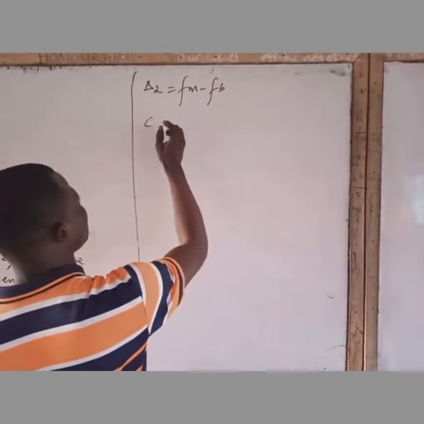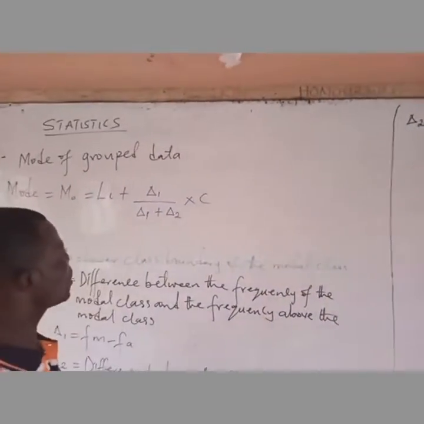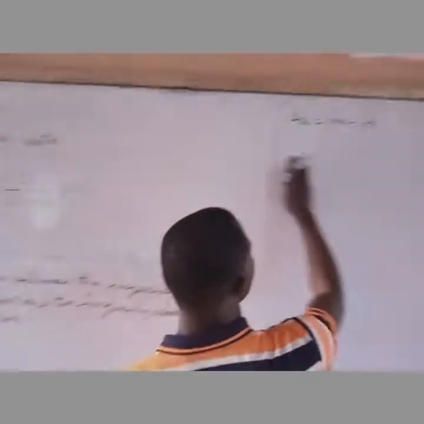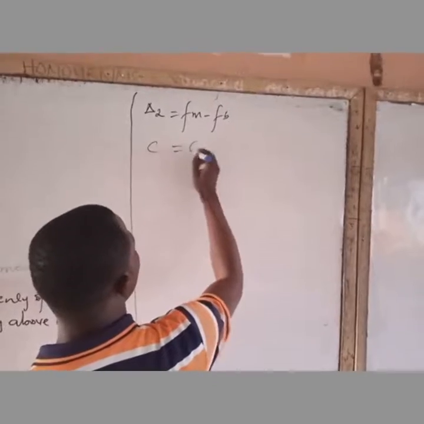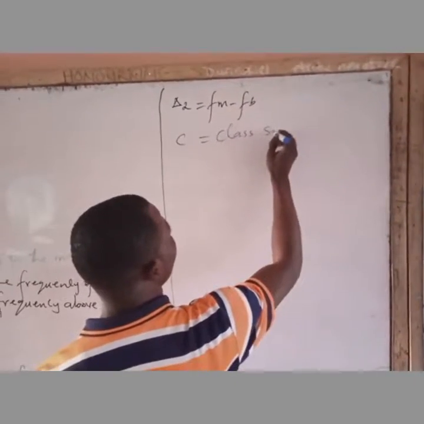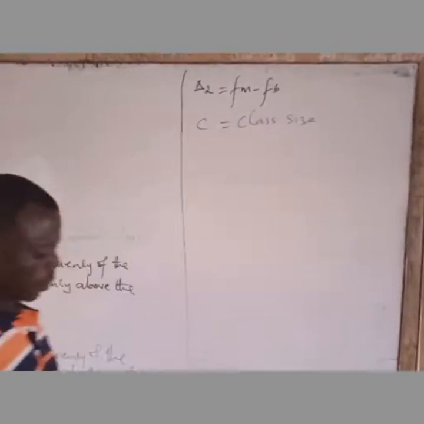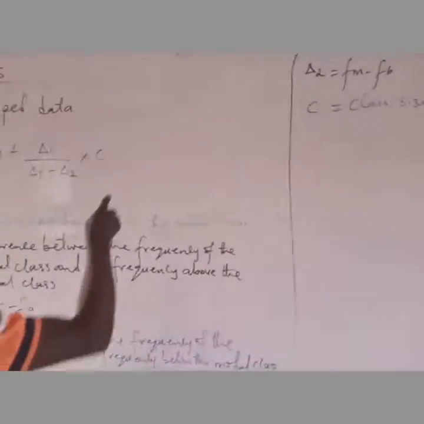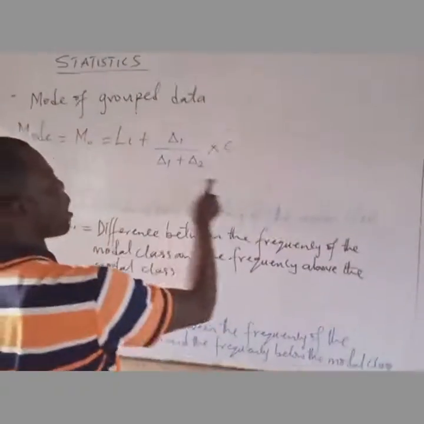So our C, which is from the formula, is the class size. C is equal to class size or class width. We can now rewrite our formula.